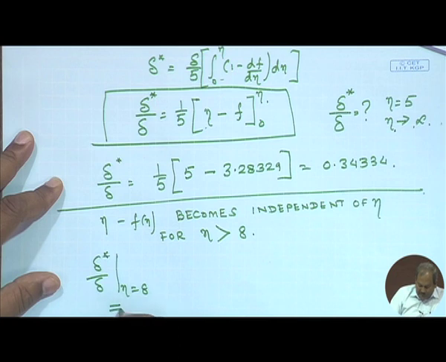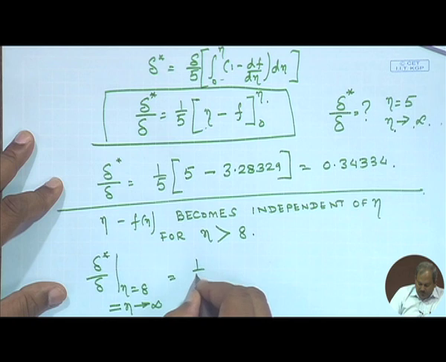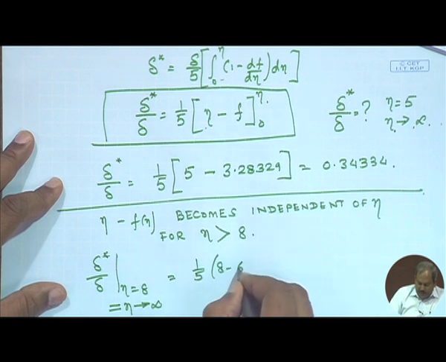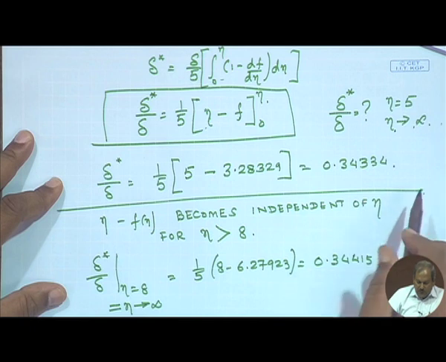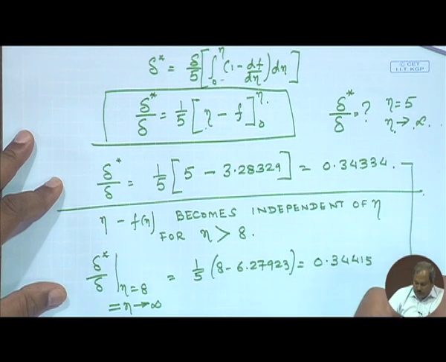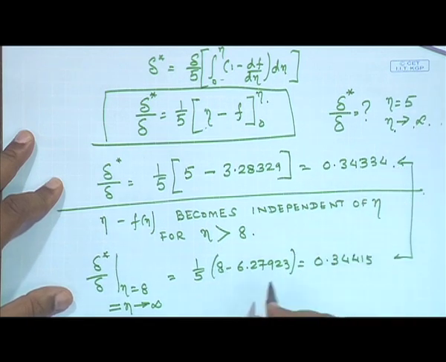which is the same as eta tends to infinity, would be 1 by 5, 8 minus 6.27923, which would be equal to 0.34415. So you can compare these two values.